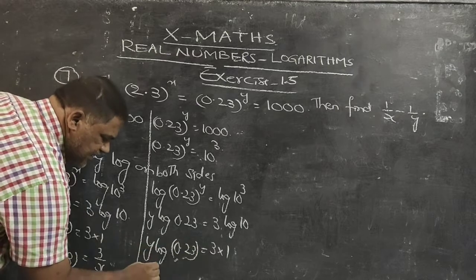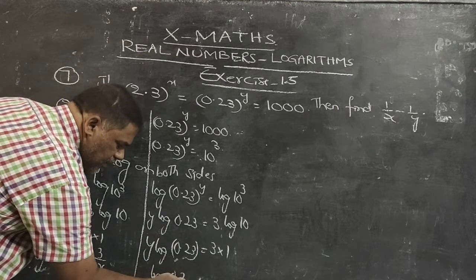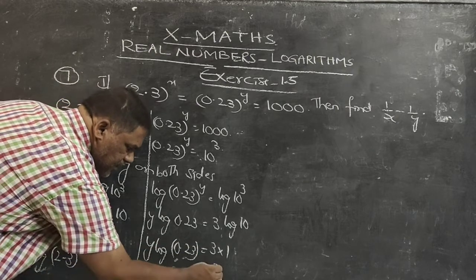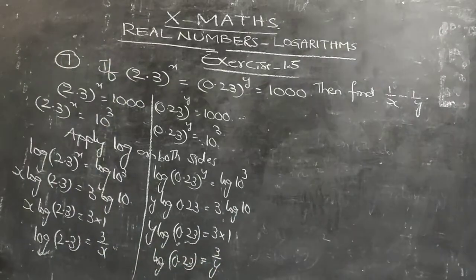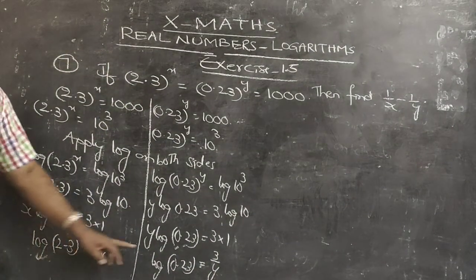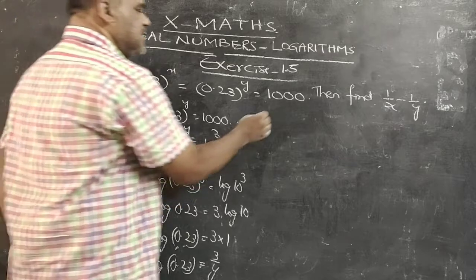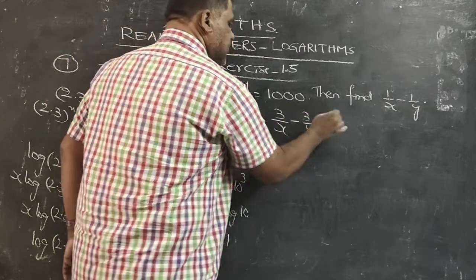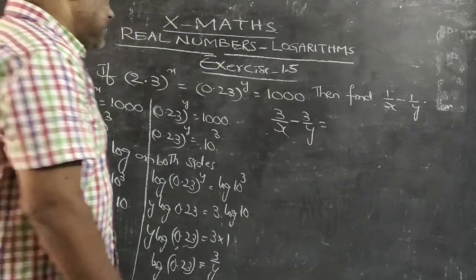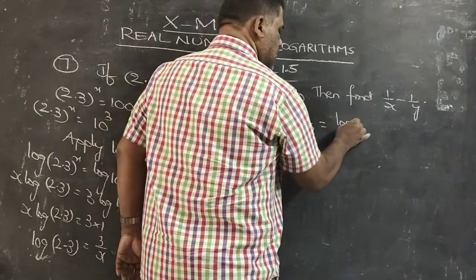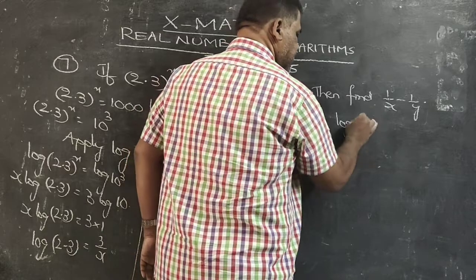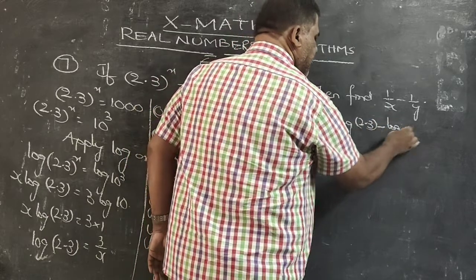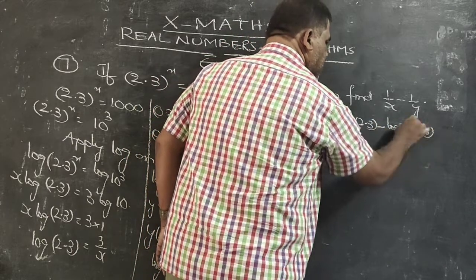Here send y that side. Log 0.23 is equal to 3/y. So after getting 3/x and 3/y values, let us subtract them. 3/x minus 3/y: 3/x we got log 2.3 minus 3/y we got log 0.23.